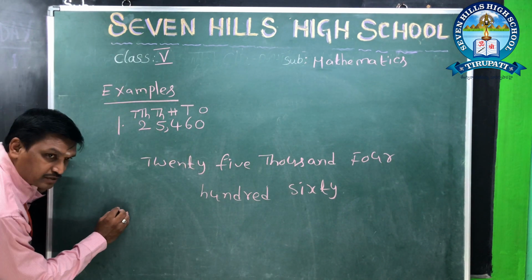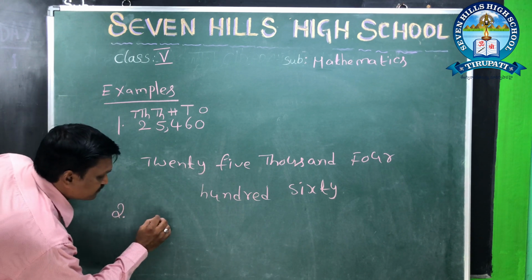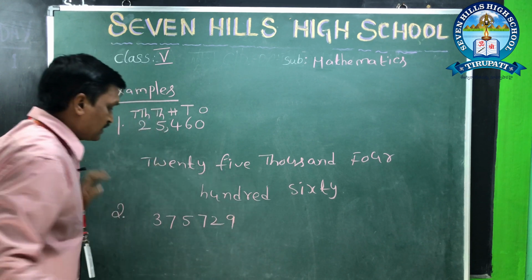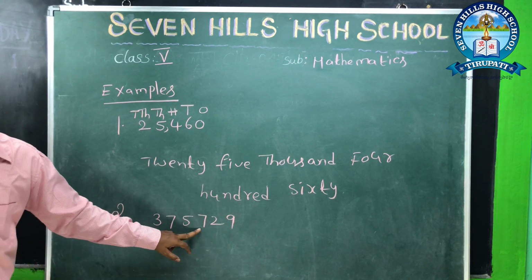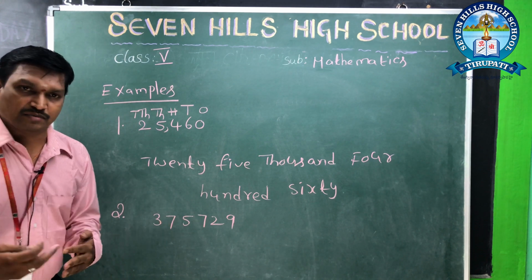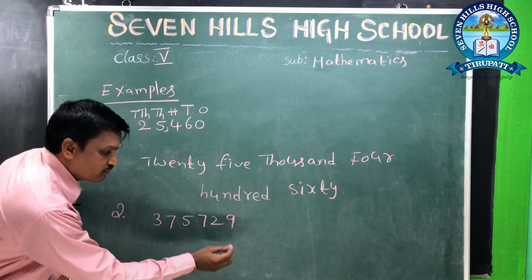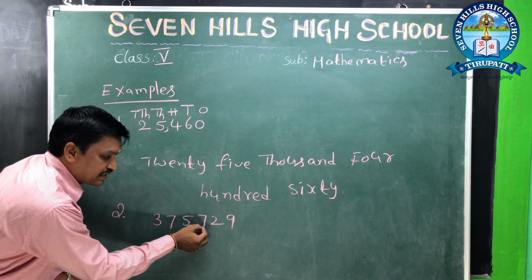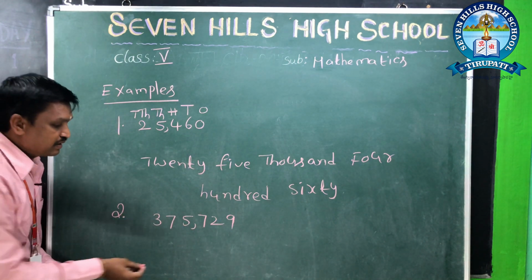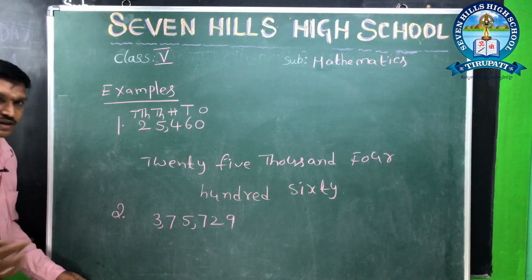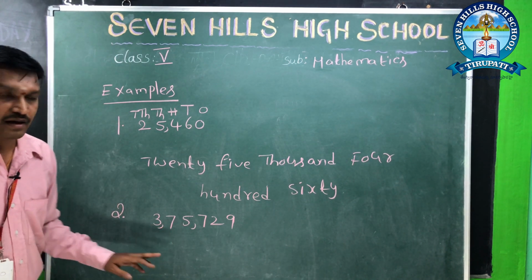Next, coming to the second example. It is one more large number. We can also separate it by commas. As I said, the last three digits, that is ones, tens, hundreds, we keep one comma. Next, thousands, 10,000s, we keep another comma here.